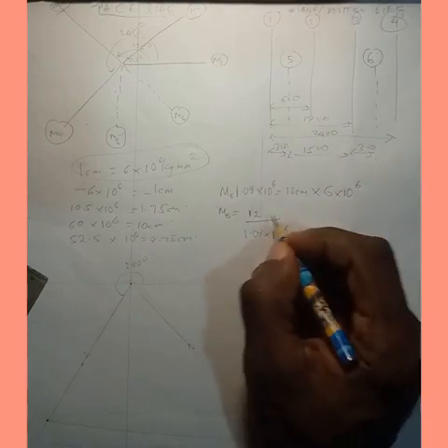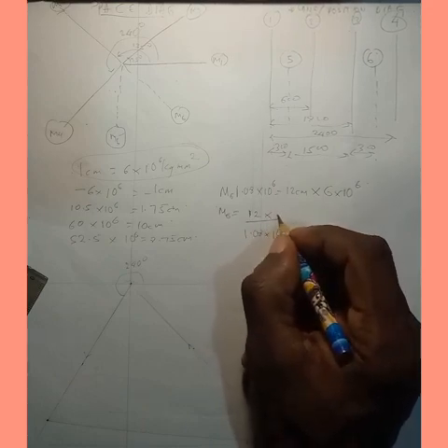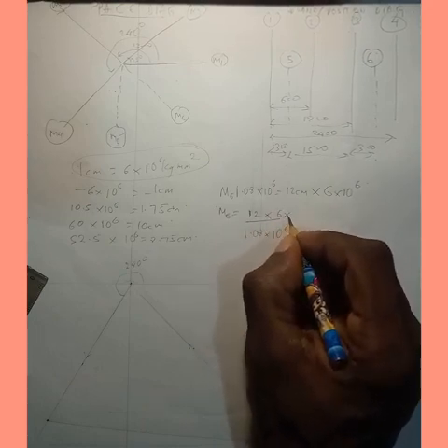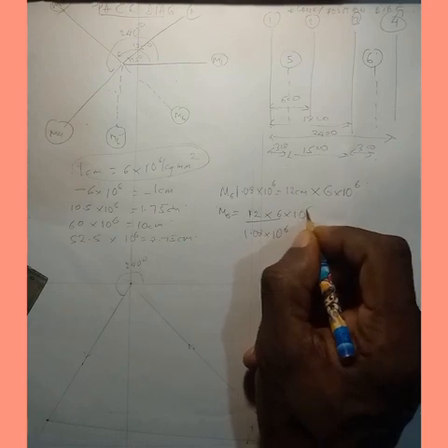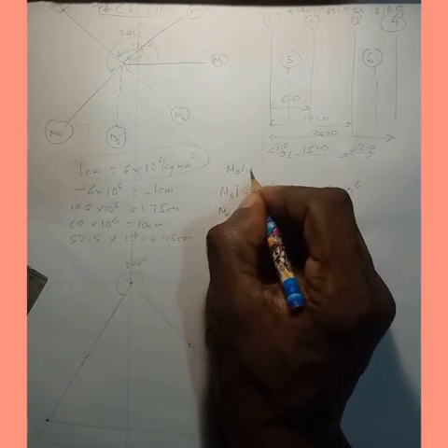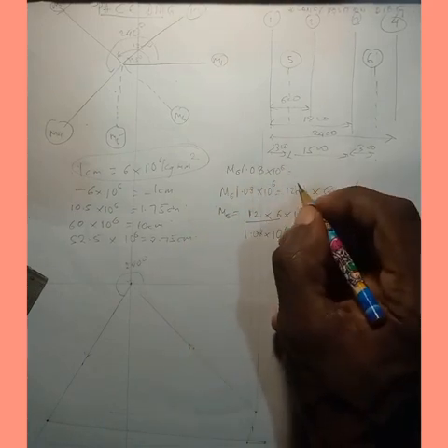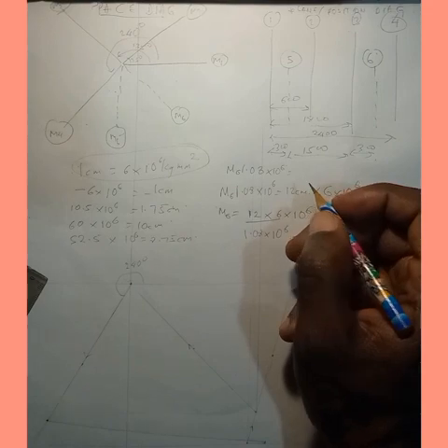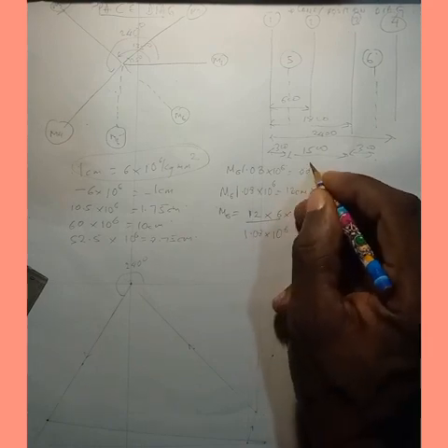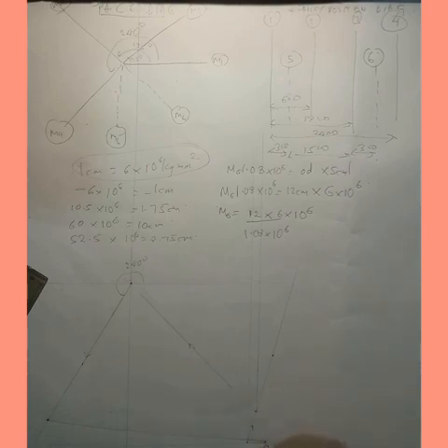That is the scale. So M6 times 1.08 times 10 raised to power 6 equals the distance OD multiplied by scale.